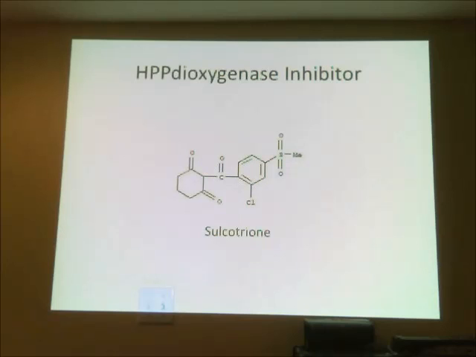So we want it to be what we call isosteric, which means to have about the same stereochemistry as the naturally occurring substrate that would fit into that active site. And we'd also like it to be isoelectronic.